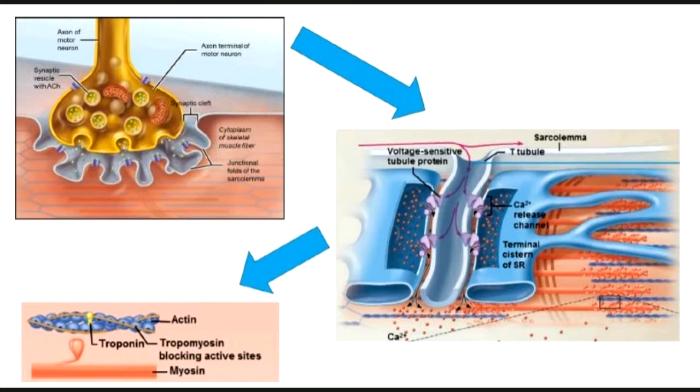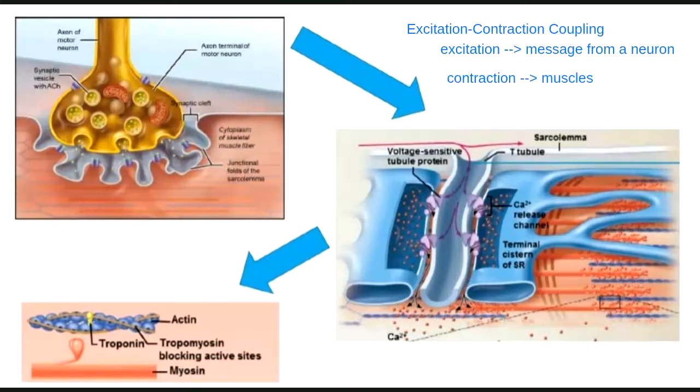That's just a fancy way of saying the excitation part means I have a message from a neuron, and the contraction part is muscle contraction. So I have to have a message from a neuron to cause contraction to happen.